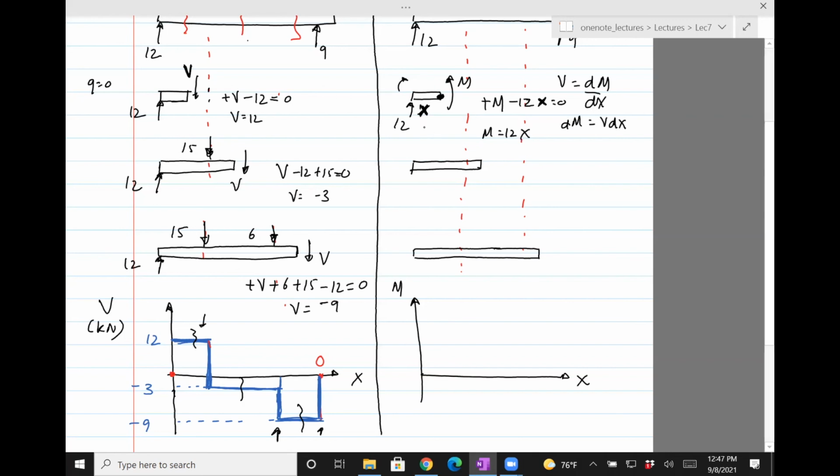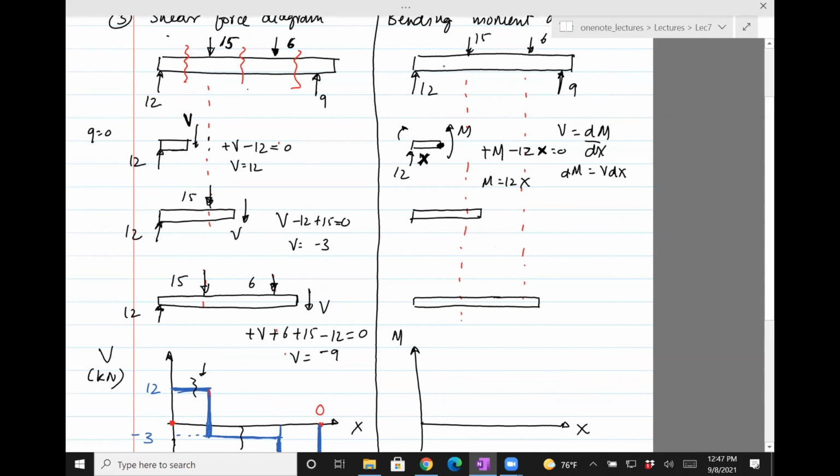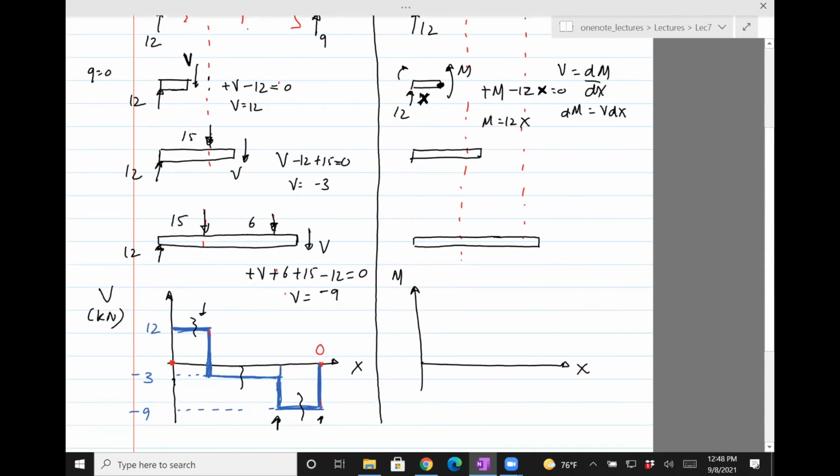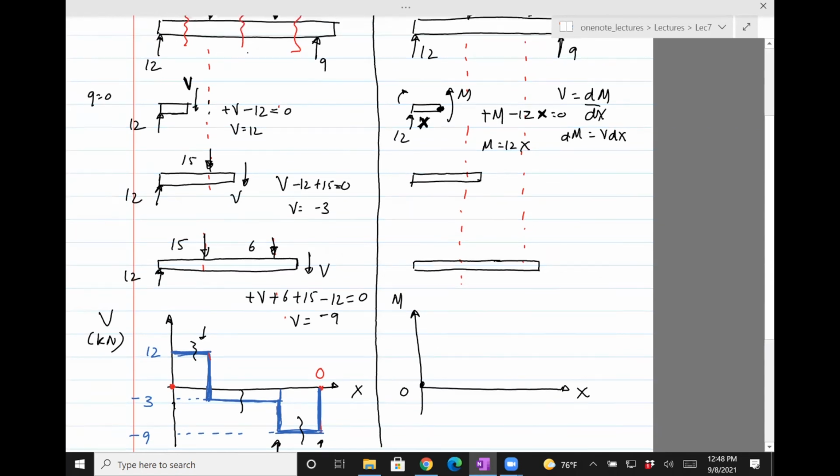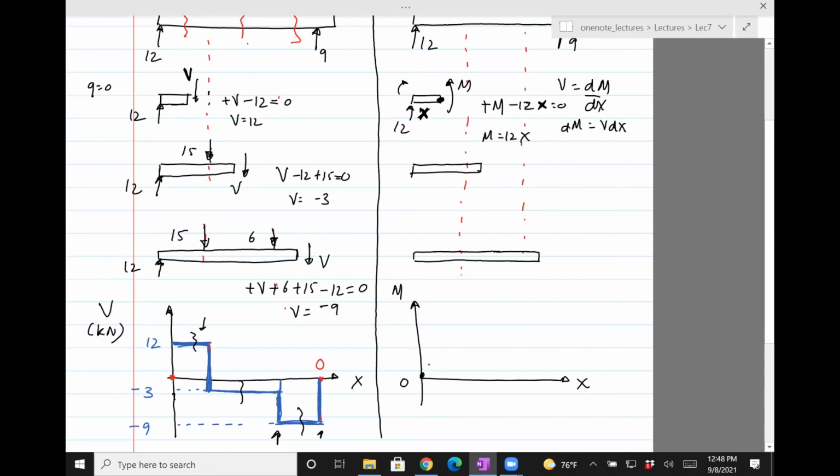We know that x changes from 0 all the way to, in this case, 2. So the moment starts at 0. It increases to x equals 2. So that's going to be 24.